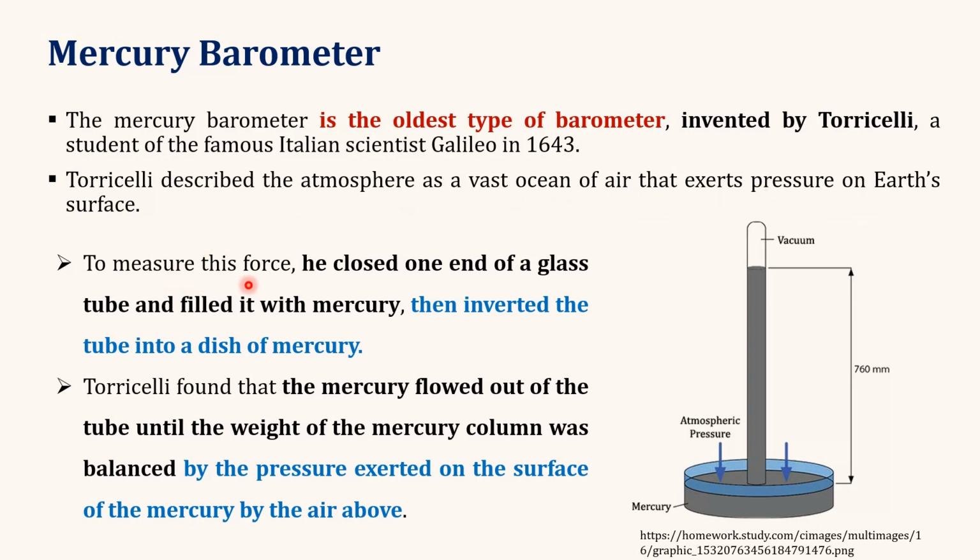To measure this force, he closed one end of a glass tube and filled it with mercury, and then inverted the tube into a dish of mercury. He found that the mercury flowed out of the tube until the weight of the mercury column was balanced by the pressure exerted on the surface of the mercury by the air above.